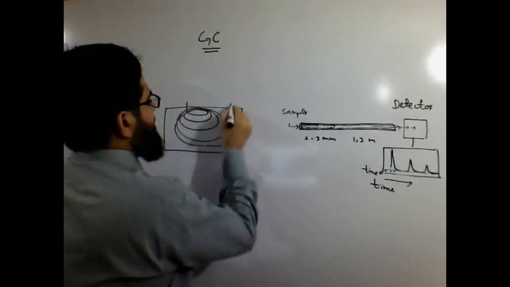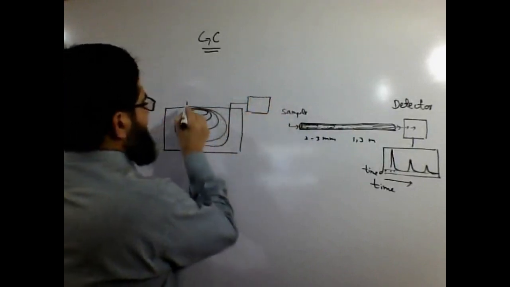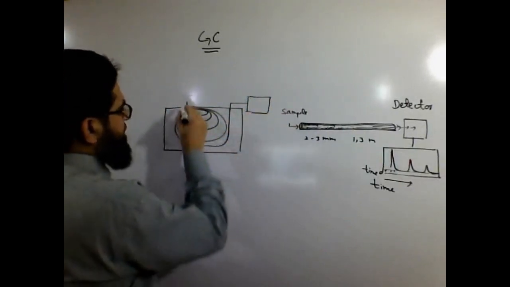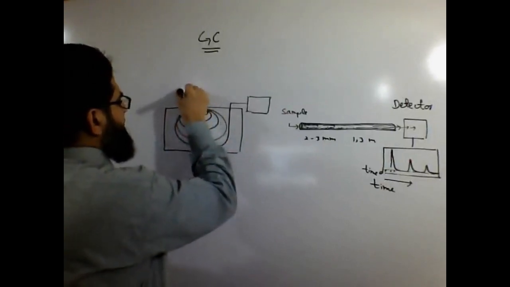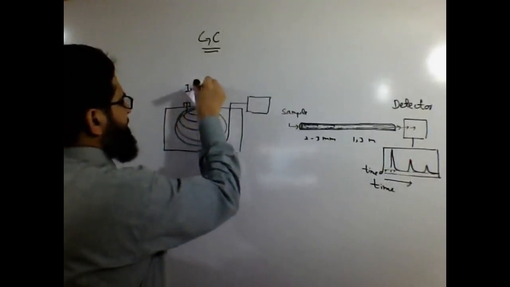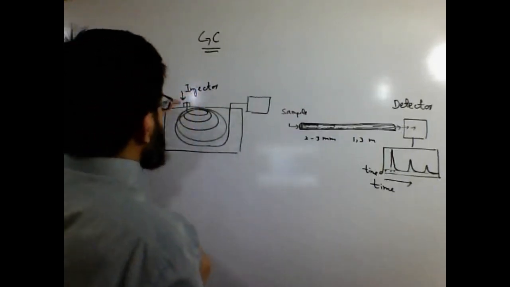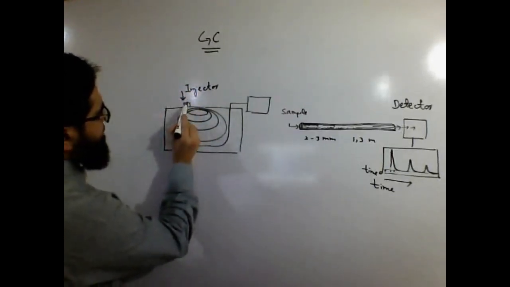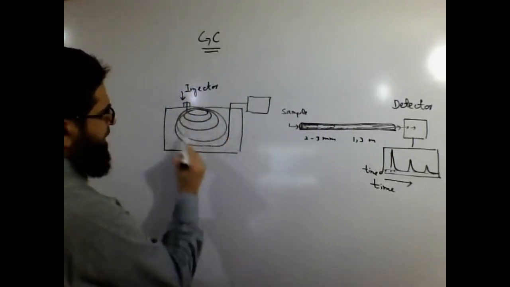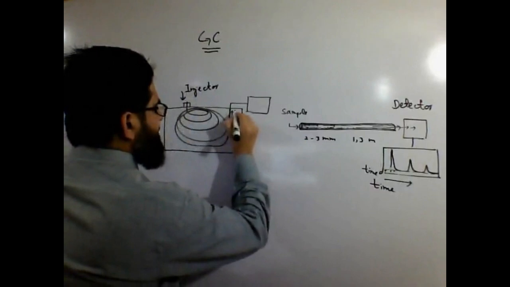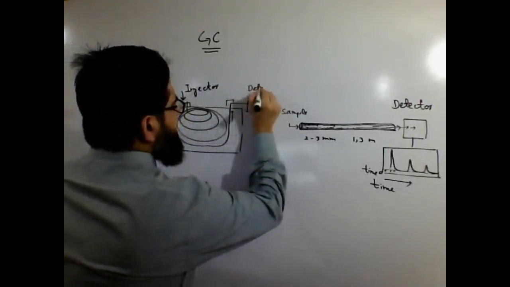Similarly, as I told you, it is connected with the detector. It's a circular column. The column starts from inside the injector, where we inject our sample. From the injector the sample enters into the column, moves through the column, and then from the other side the sample moves out and goes into the detector.